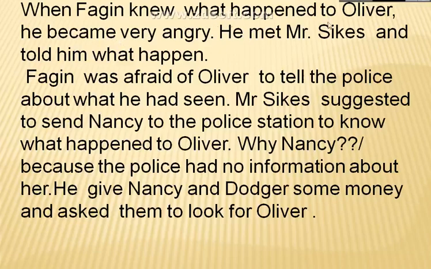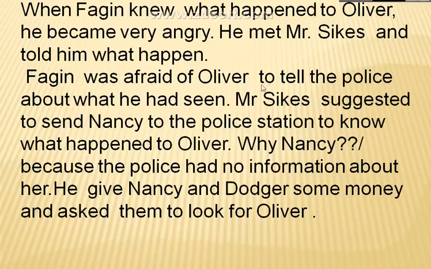When Fagin knew what happened to Oliver, he became very angry. Why? Because he was afraid Oliver would tell the police about him. He met Mr. Sykes and told him what happened. This is a new character here.